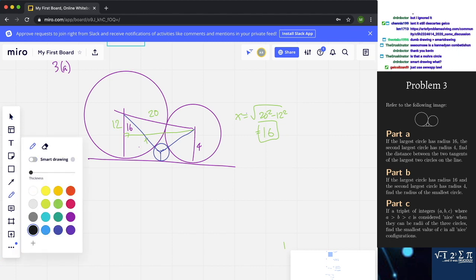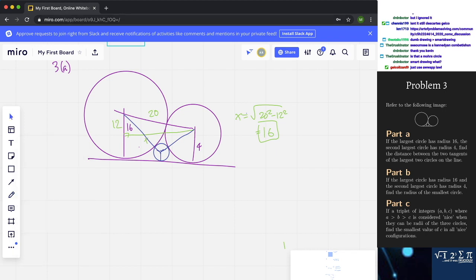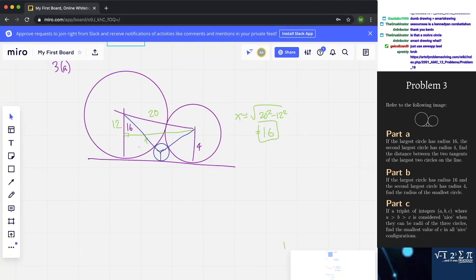I tried using smart drawing for the first time today, and it failed horribly. Use a different app? Well, I prefer Miro because I can share it. I'm sharing it from my iPad to my computer, and I'll probably be sharing it with you guys at the end once I figure out how to turn on link sharing because I've never used it.